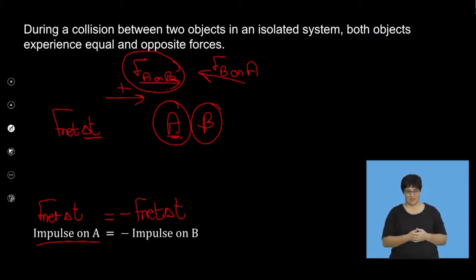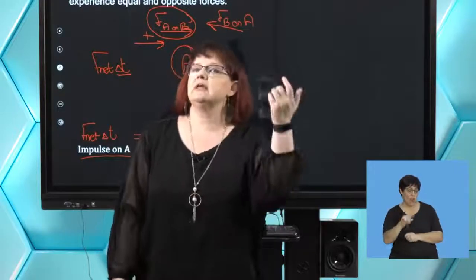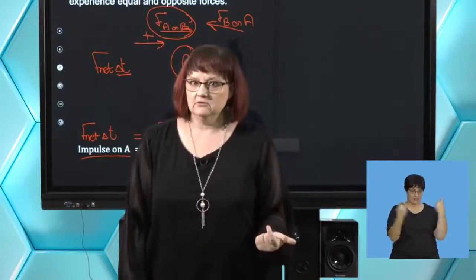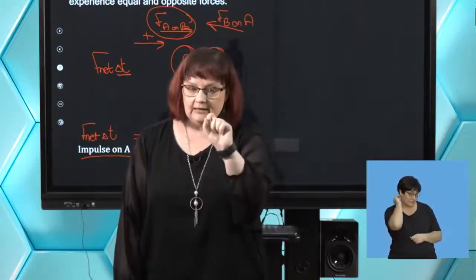What we may find is that the objects don't have the same change in velocity because their masses are different. That's important to get here.